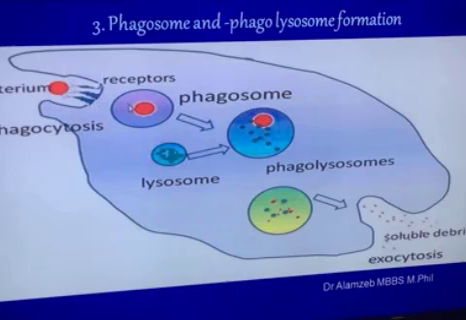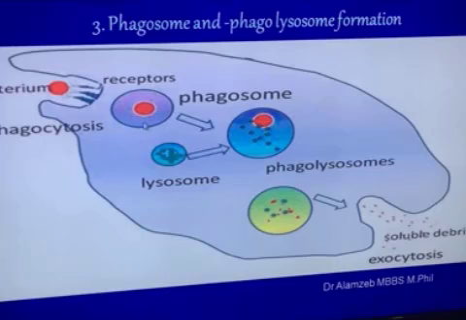When it is taken inside the cell, the membrane portion which covers the bacteria is detached from the cellular membrane. Now this pouch contains the cellular wall of the leukocyte, and inside it is the bacteria.